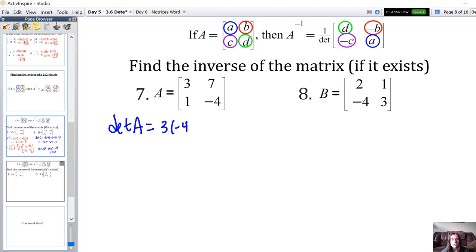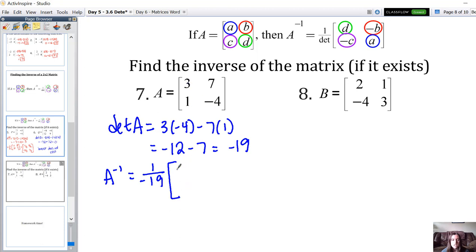3 times -4 minus 7 times 1 is -12 minus 7, which is -19. We can find an inverse because our determinant was not 0. So we can put 1 over -19, or -1 over 19, times A and D switch places, B and C switch signs, and now we distribute our determinant.